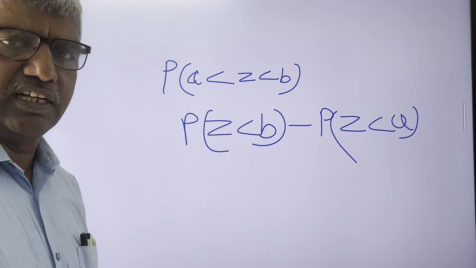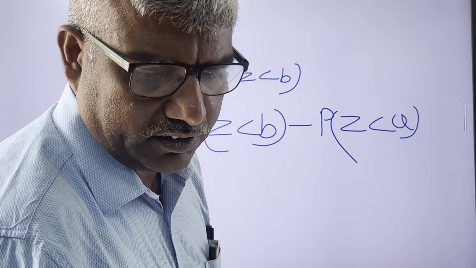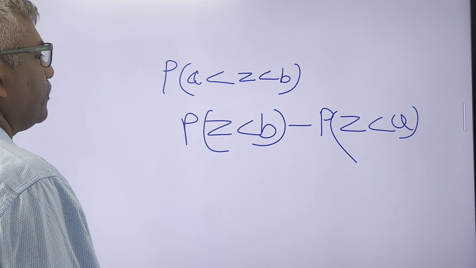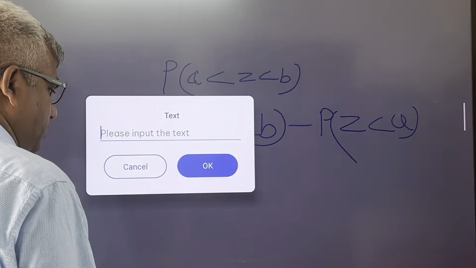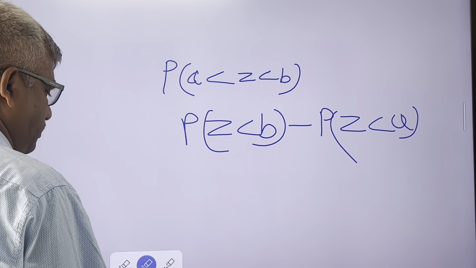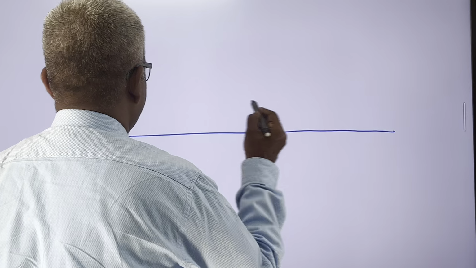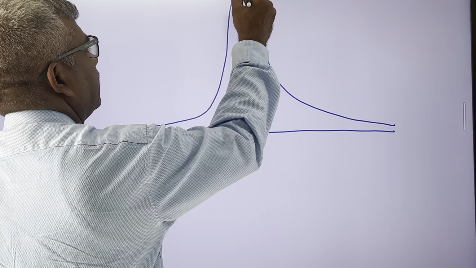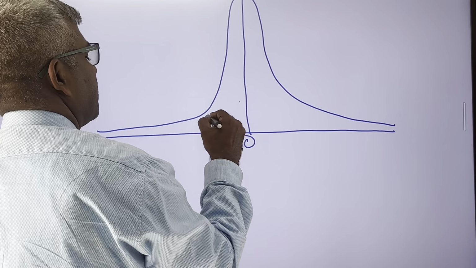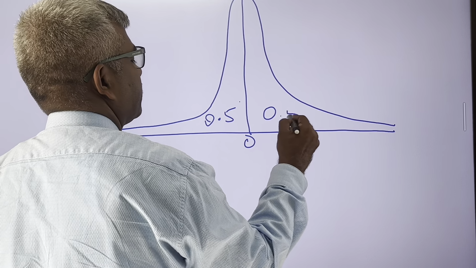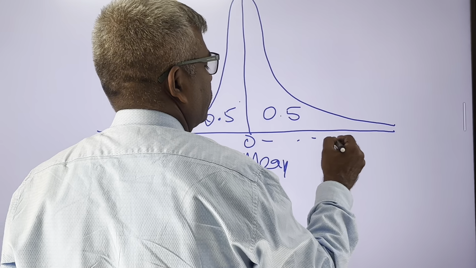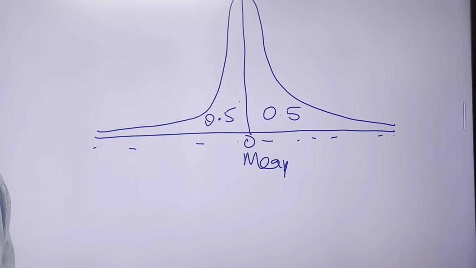Still two formulas are there. When we do, we will do it. Okay. And the graph also, you know that the total area is 1. This is 0. This area is 0.5. This area is 0.5. It is mean. Okay, here it is 0 to 4. Here 0 to minus 4. Okay.